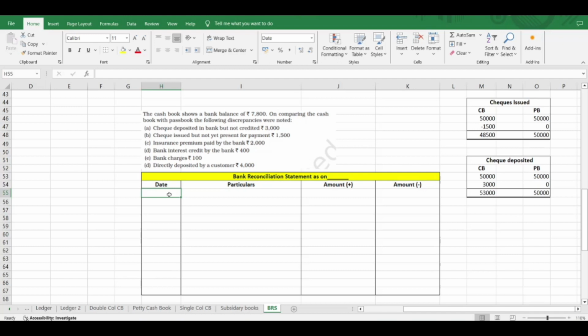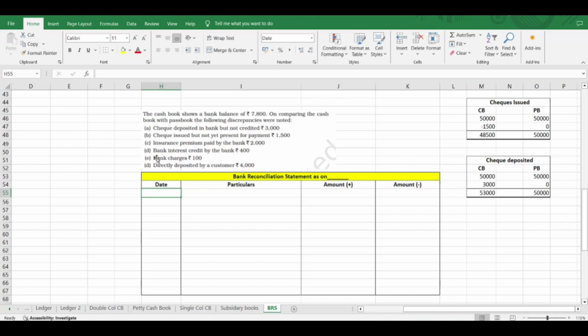Next, on comparing the cash book with the passbook, the following discrepancies were noted. Point A, check deposited in bank but not credited. Point B, check issued but not yet presented for payment, rupees 1,500. Point C, insurance premium paid by the bank, rupees 2,000.